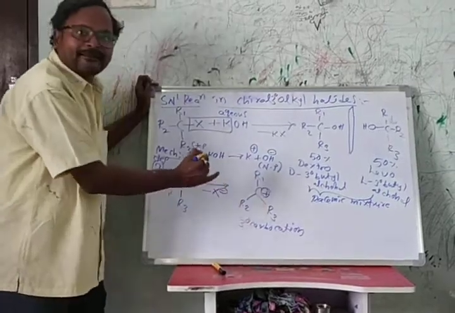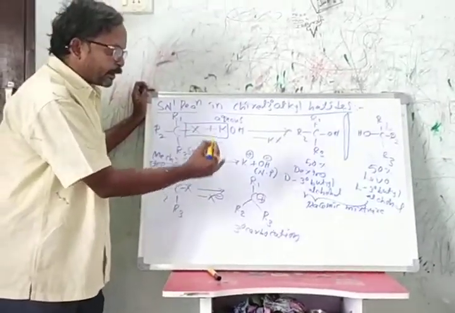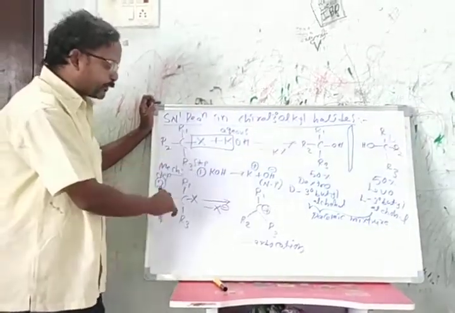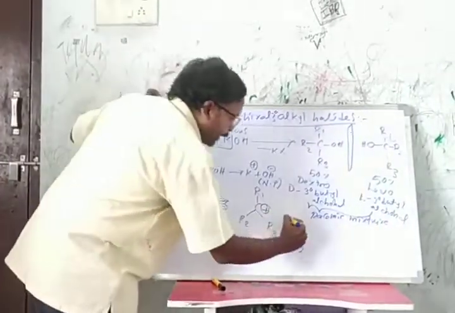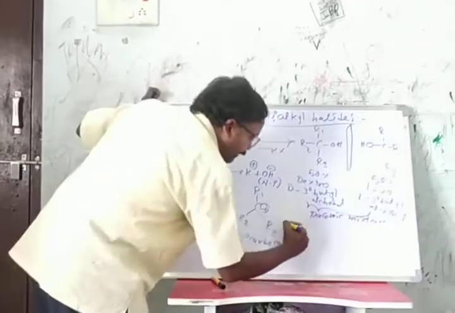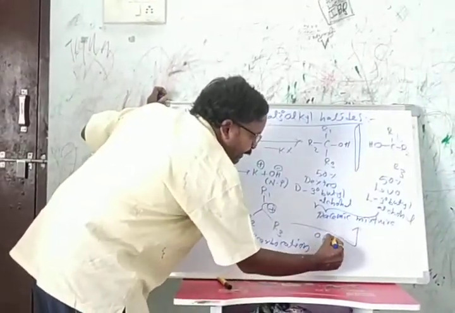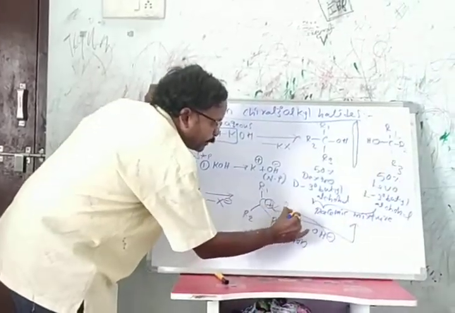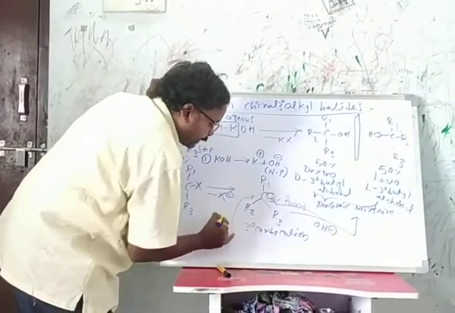This is an asymmetrical tertiary carbocation produced from the chiral alkyl halide. Okay, and this is the planar carbonium ion. Here, OH minus ion attacks from the front side of the carbonium ion and the back side of the carbonium ion.